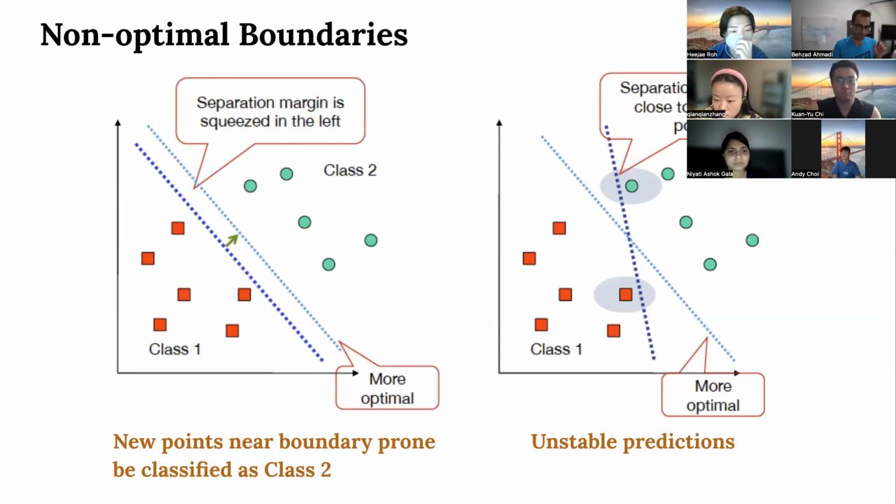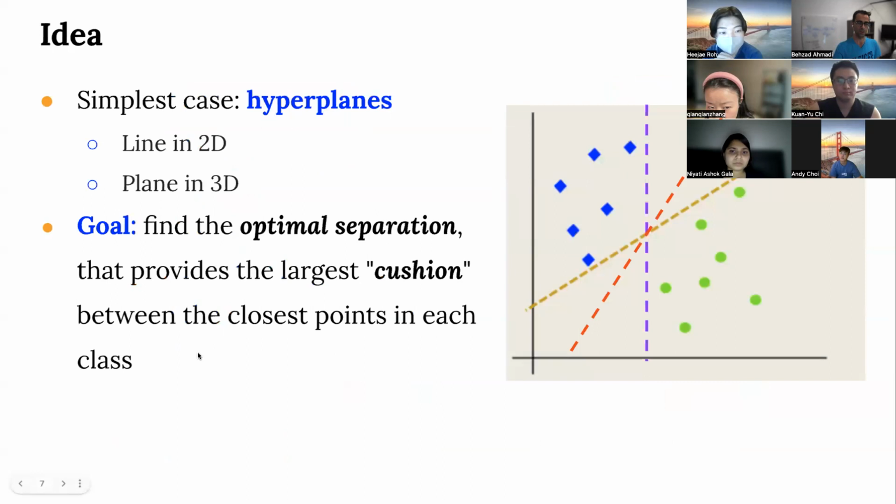Do you think the dotted bold line is a good separator in terms of maximizing the cushion for the 2 classes? And again, what is cushion? Well, the cushion is that you are trying to find the closest point of each class and then separate them so that it has the maximum distance from the 2, right?